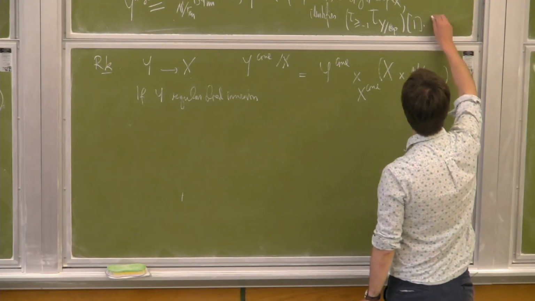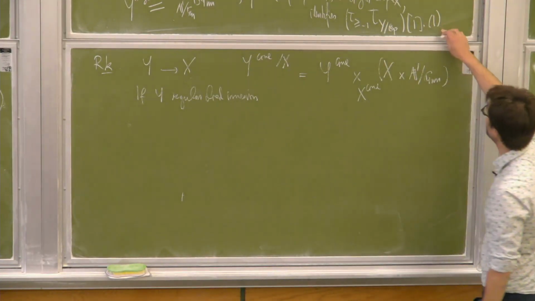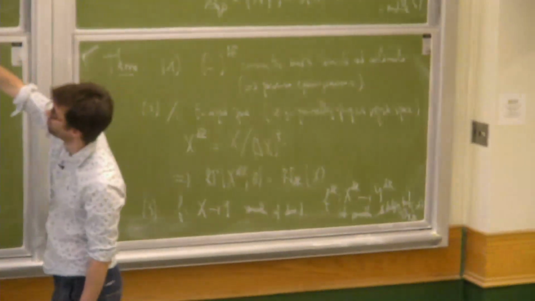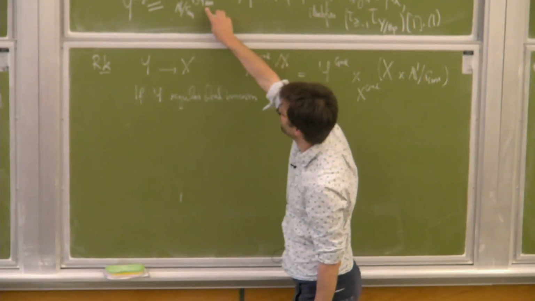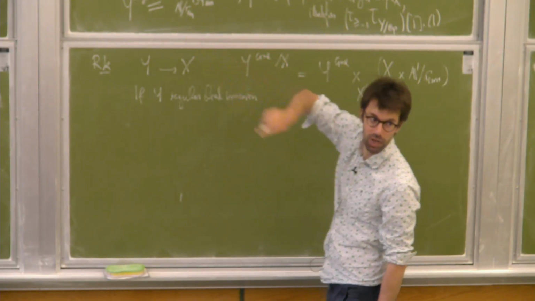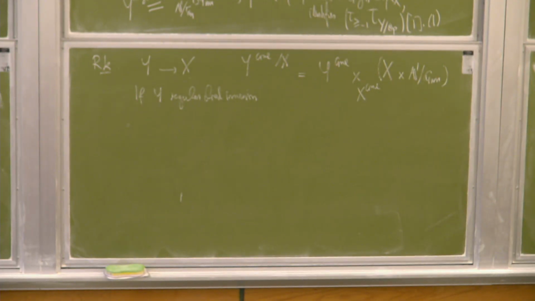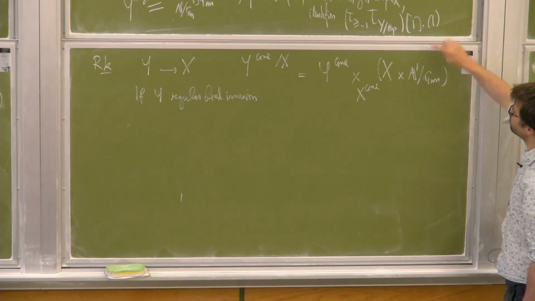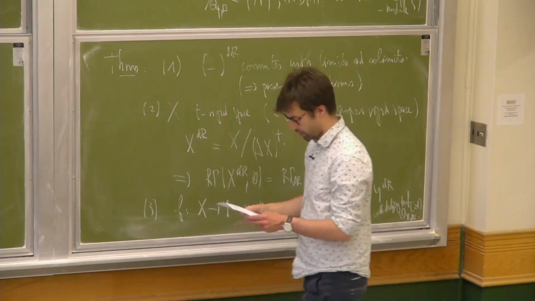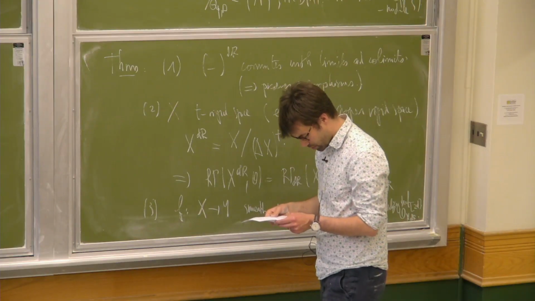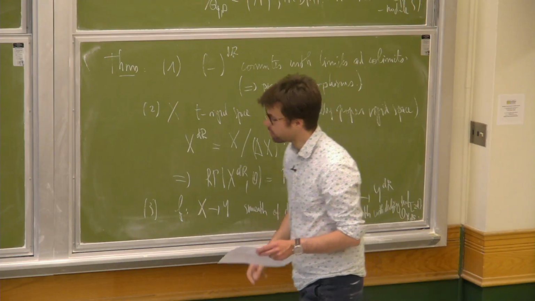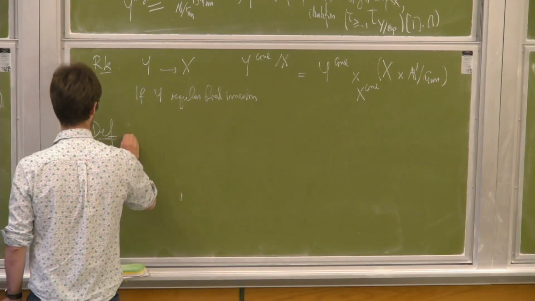Sorry, here I forgot, there is also a twist, a twist by the invertible sheaf. There is a universal line bundle on BG_m, and I pull it back. So there is some twist involved. Sorry, that's maybe a bit too quick, but I just want to get to the definition.